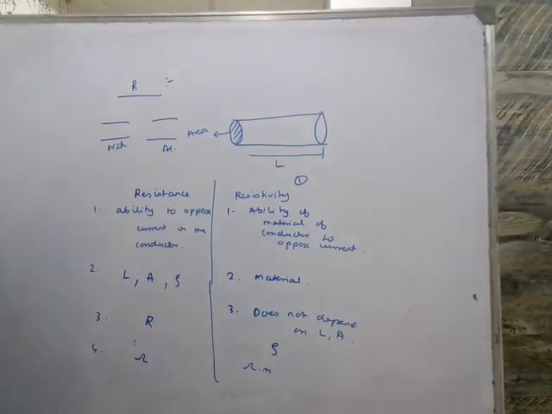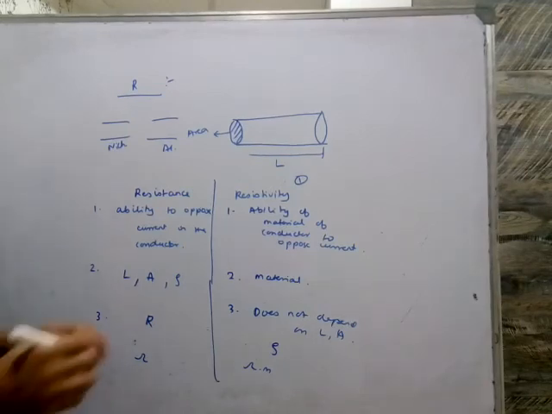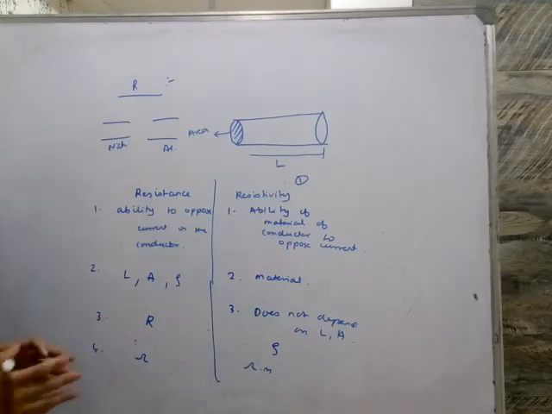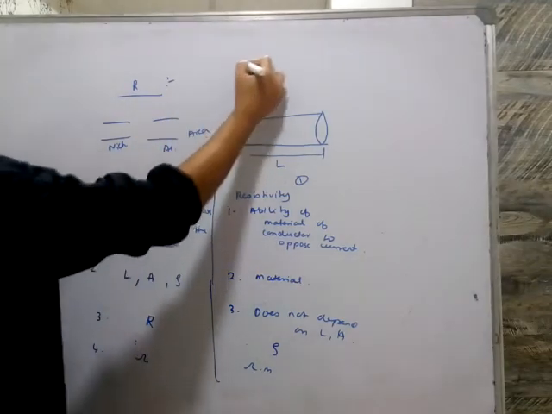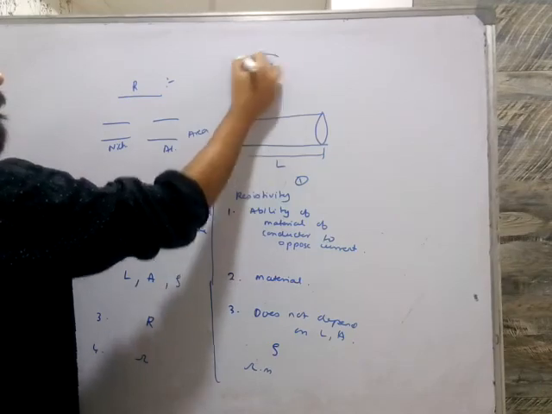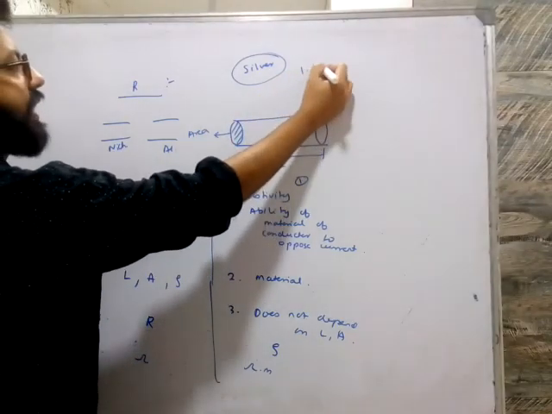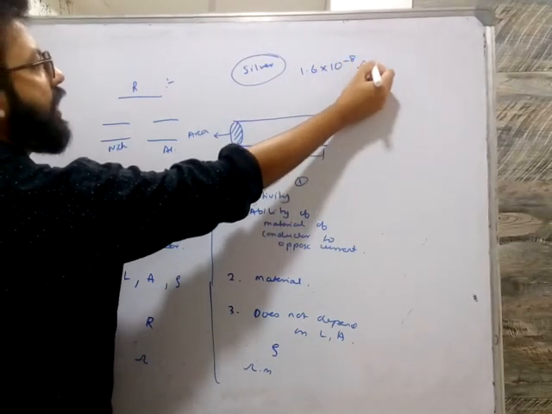Okay, so I'll just show you an example. All metals are good conductors of electricity, we know that. But someone has to be the best, someone has to be the least. Silver is one of the best conductors of electricity because its resistivity is 1.6 into 10 raised to minus 8 ohm meter.